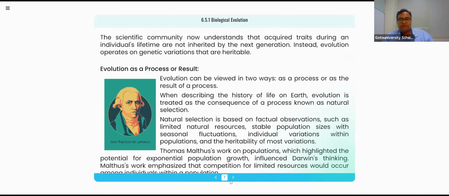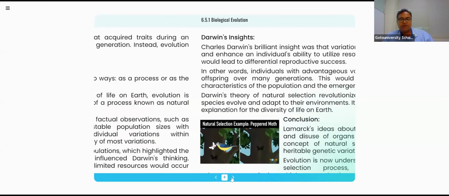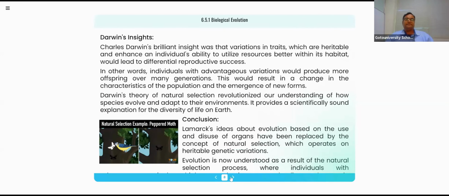we are entering into the next important concept, Darwin's insight. Variation in the traits, which are heritable, enhances an individual's ability to utilize the resource better within their habitat. But that is not the case with all the species. For example, if you're talking about the sandboa, a desert snake, it is short, stout, and white.